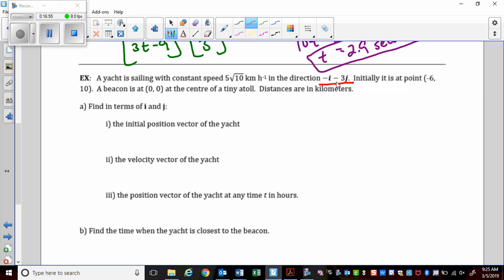Distance r in kilometers. Find in terms of i and j the initial position vector of the yacht. So they gave us our initial position right here, negative 6, 10. They just want it in terms of i and j. Negative 6i plus 10j.